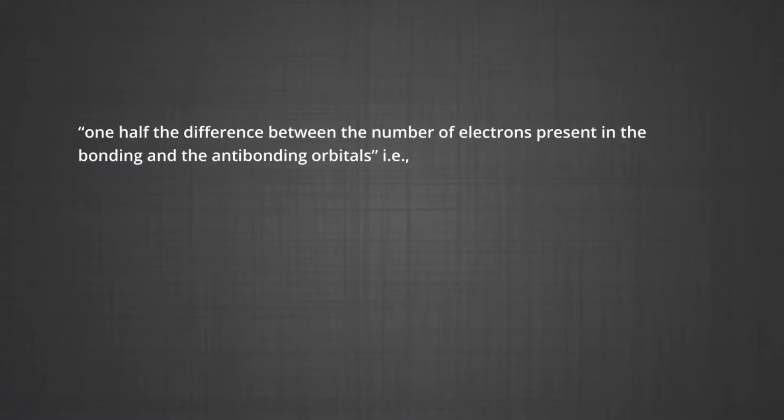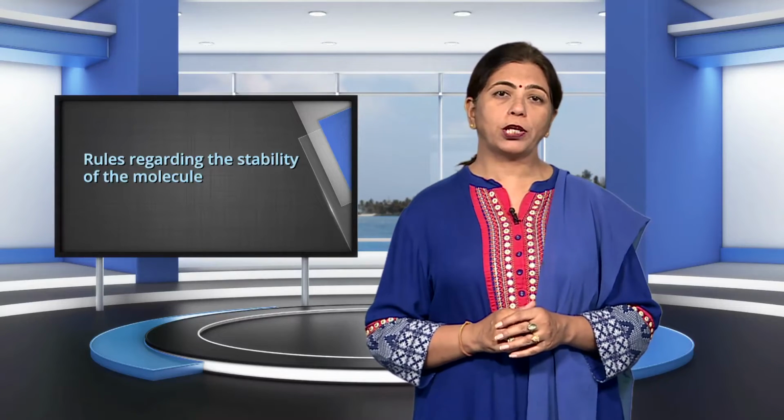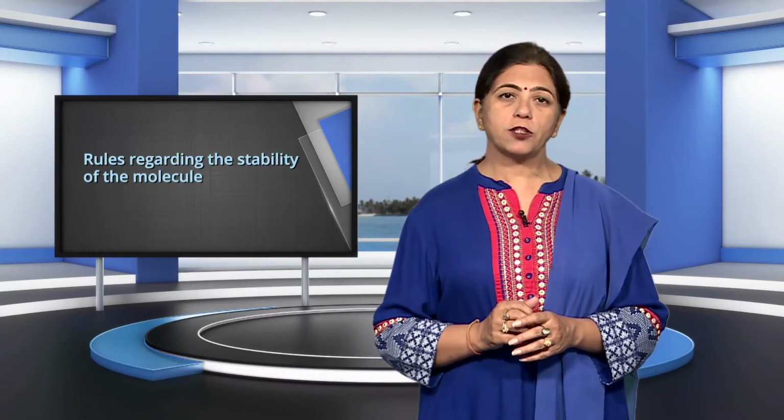Now, a new concept, the bond order. Bond order is defined as 1/2 the difference between the number of electrons present in the bonding and the antibonding orbitals. That is, bond order equals half of Nb minus Na. The rules discussed above regarding the stability of the molecule can be restated in terms of the bond order as follows.